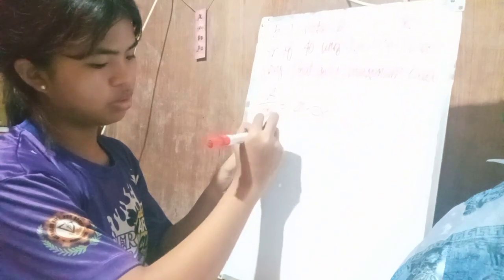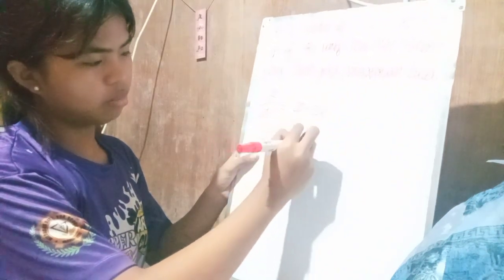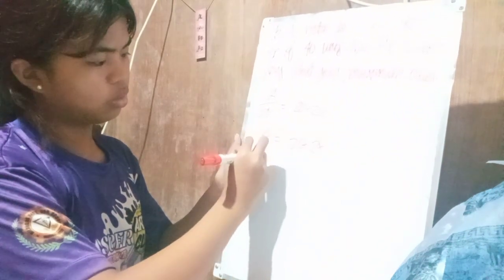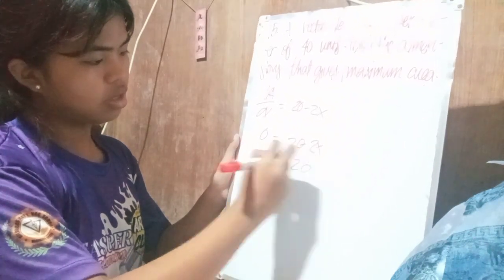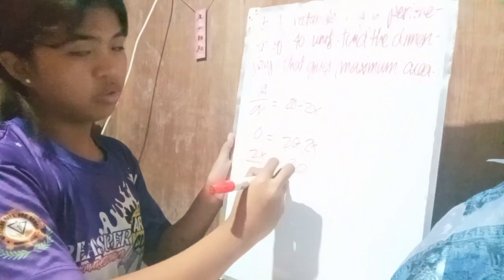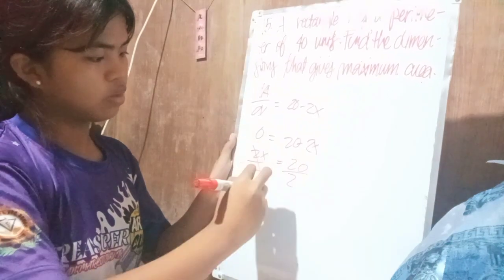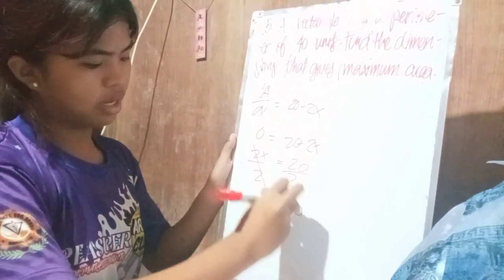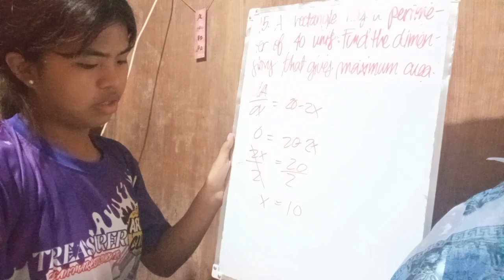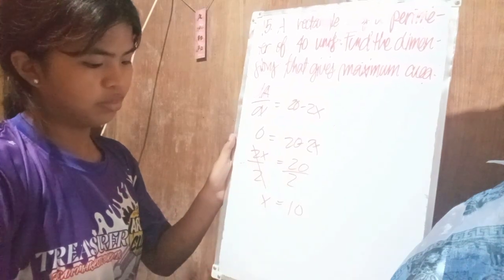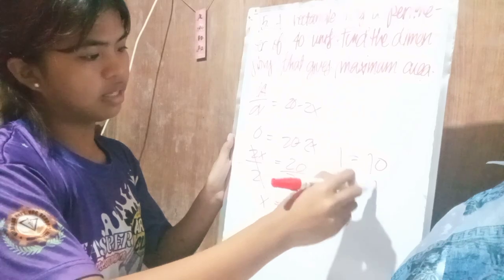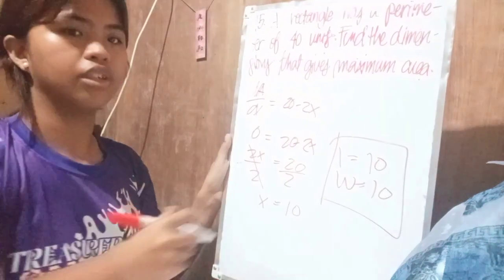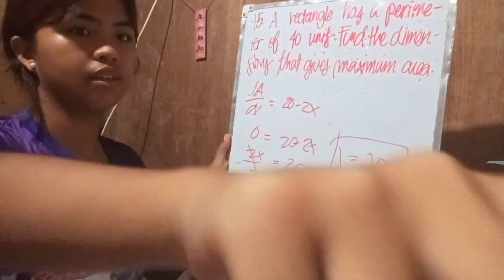So 0 is equal to 20 minus 2x. So 2x equals 20. Divide both sides by 2. So x is equal to 10. So length is 10. Width is 10. So this is the answer for number 45.